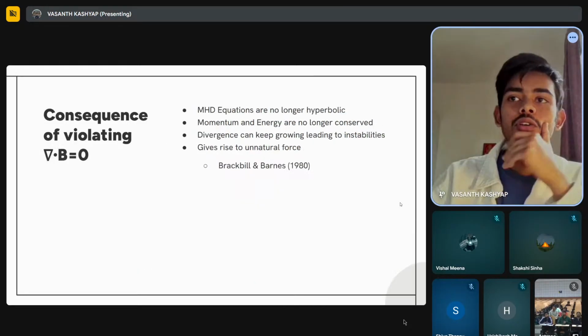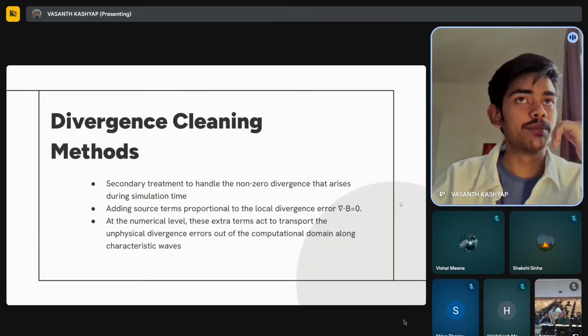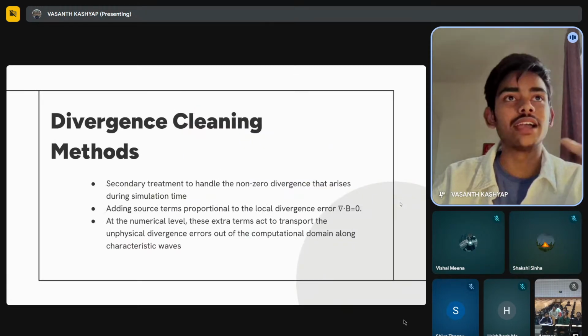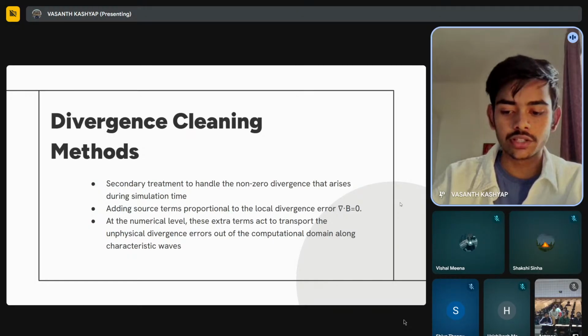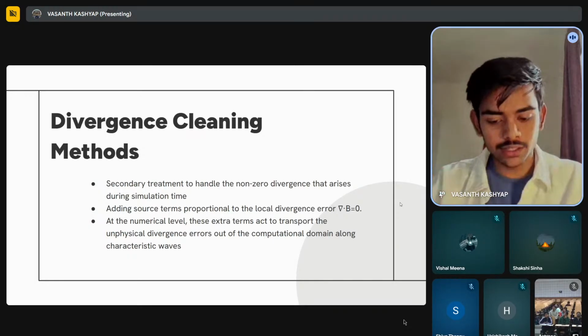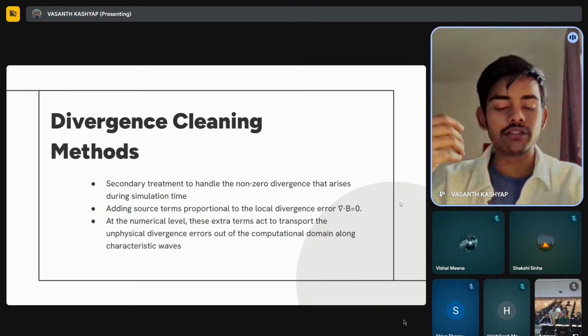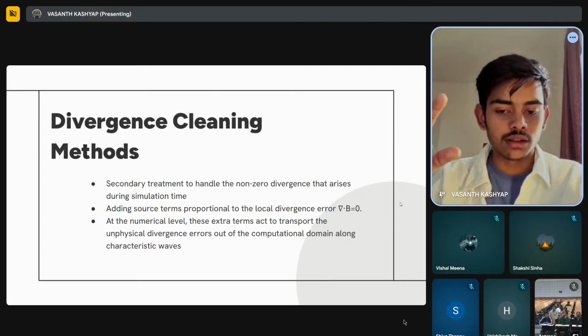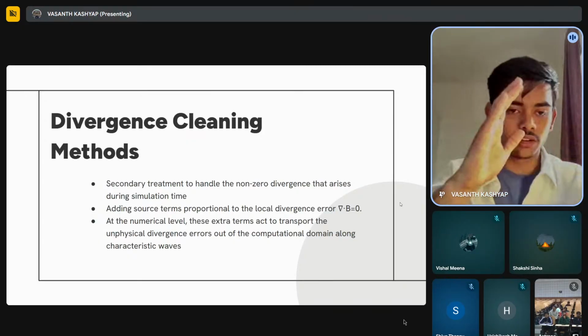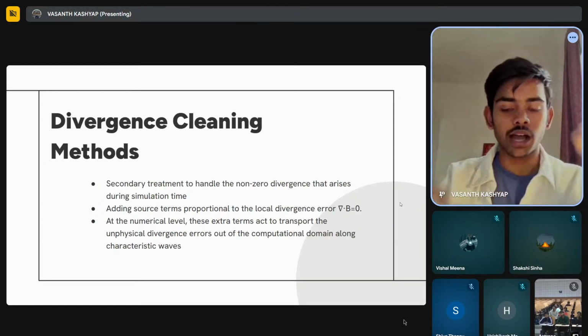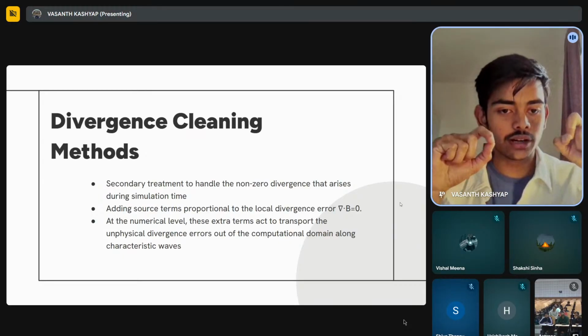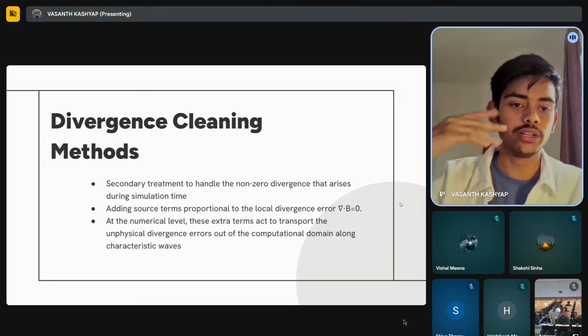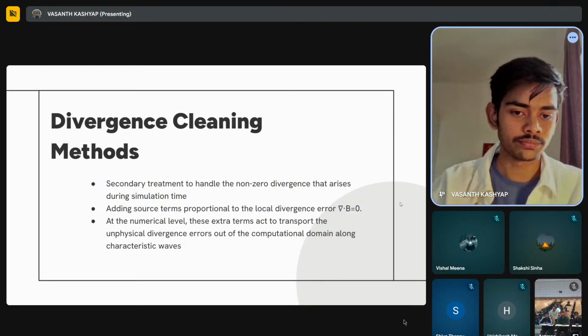So computationally, how do you deal with this? People came up with something called the divergence cleaning method, which is: let a divergence exist. After I solve my Riemann problem, I will calculate the divergence everywhere and subtract it. I will manually cut the divergence. I will calculate it and cut it to 0 on each and every cell.